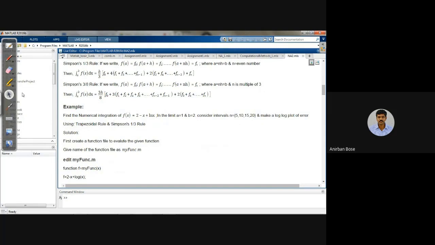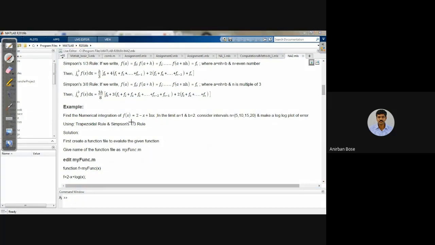Here the example problem we are going to take is a function f(x) equal to 2 minus x plus ln x. We want to find the integration from a equal to 1 to b equal to 2, of 2 minus x plus ln x dx.